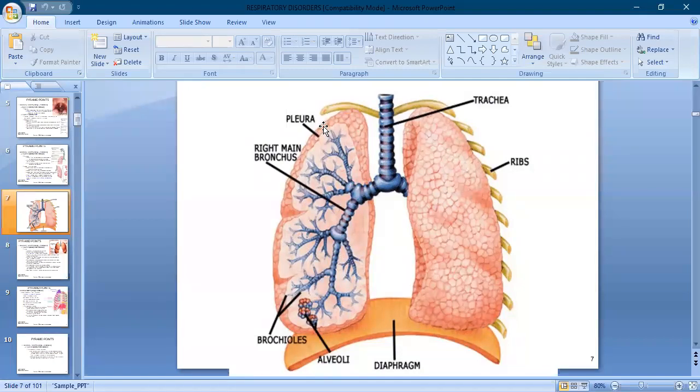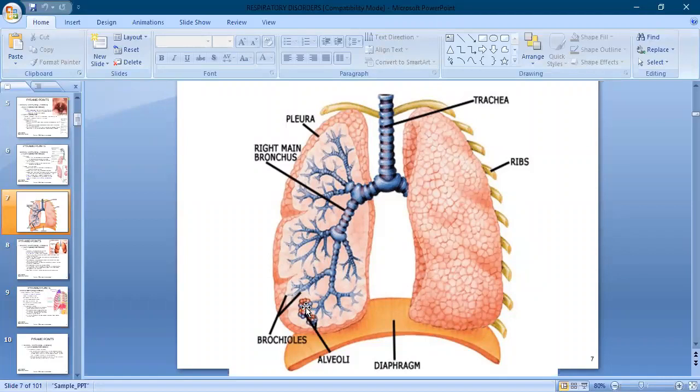And here is showing the pleura. The outer layer of the lungs is called pleura, and this is the diaphragm, the main major muscle for respiration. They're showing the ribs. So the trachea bifurcated right and left bronchi. Then again they divided to every lobe, and this is called bronchiole.